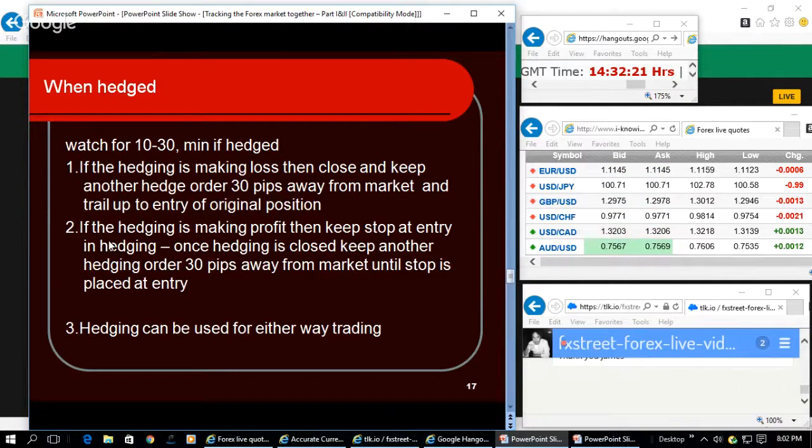If the hedge order is making profit for 30 minutes, then you understand that the market is going against your expectations, which will indicate that the traders are all holding the opposite position, and thereby the players want to hit their stops predominantly before making a rise.